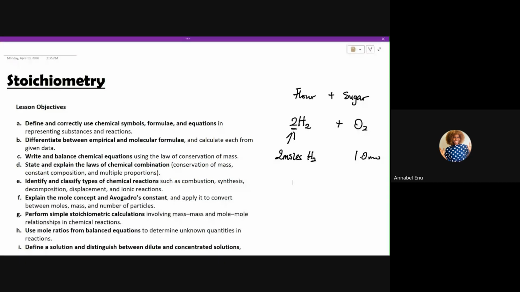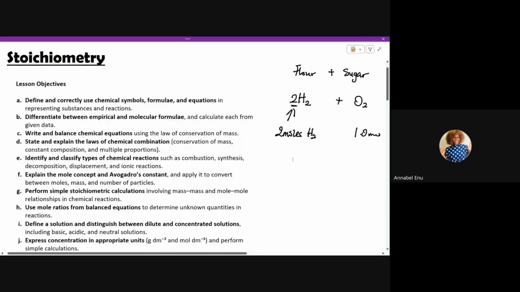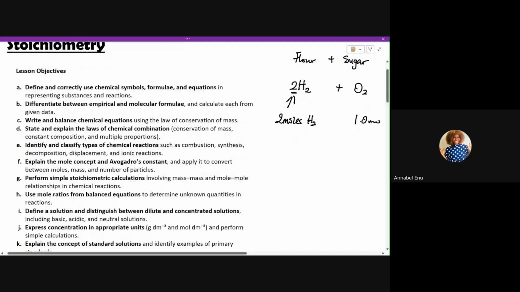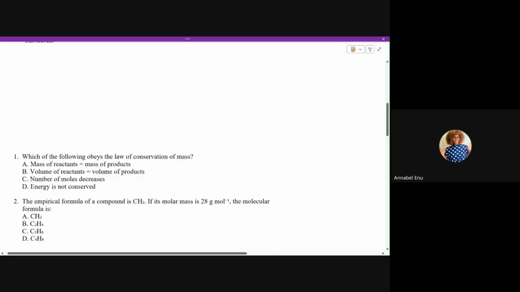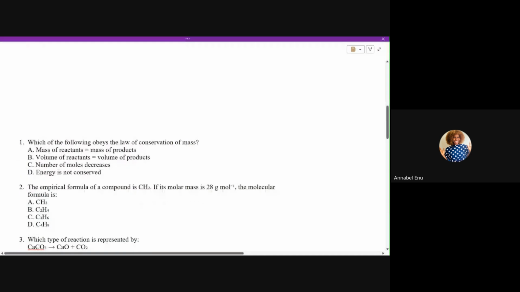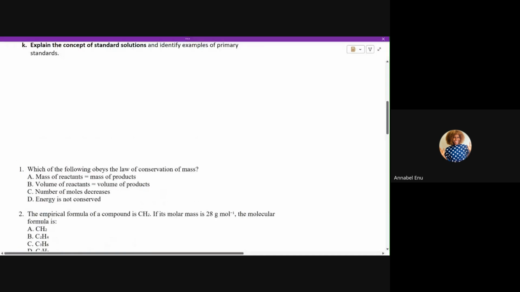But the bulky aspect of this topic is calculations. So we'll be doing more of calculations in this topic rather than defining terms and explaining what is this and what is that.